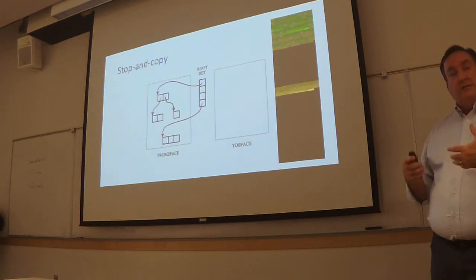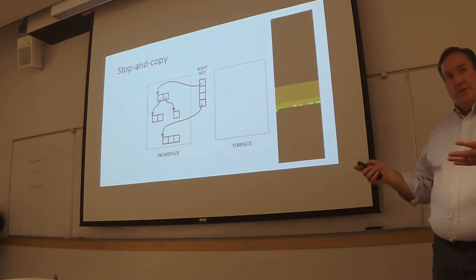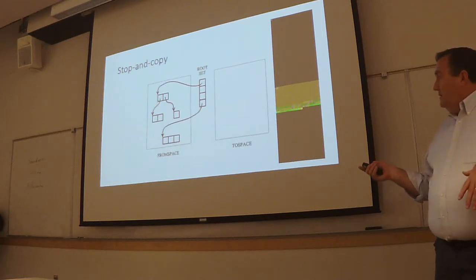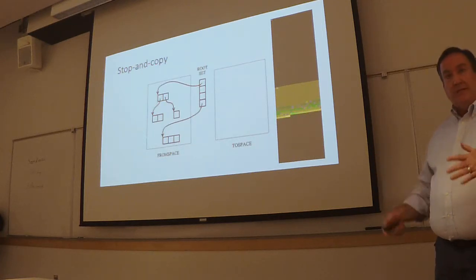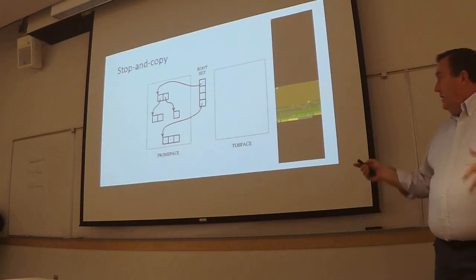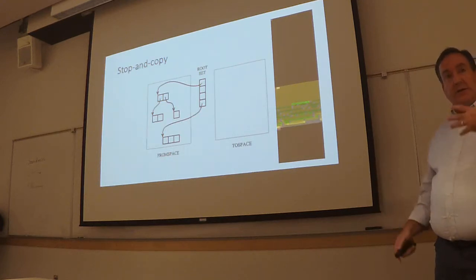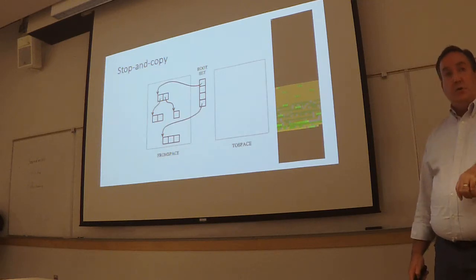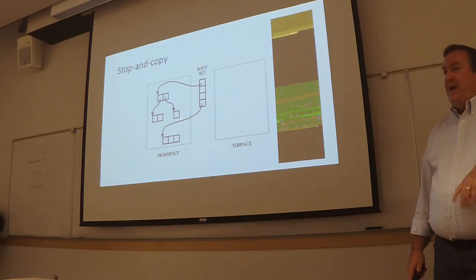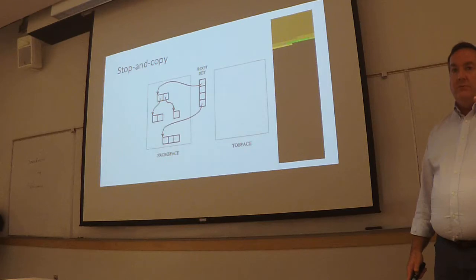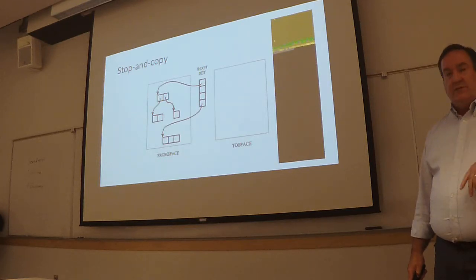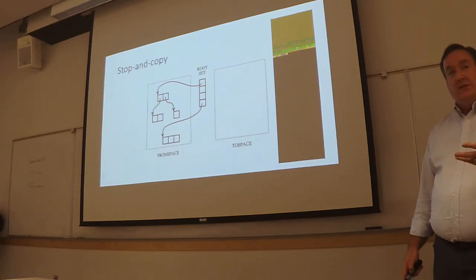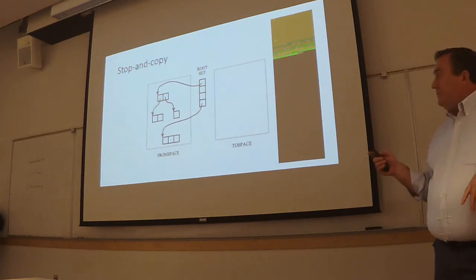These are called semi-spaces in garbage collection terminology. One is the from space, where all your stuff currently lives. And the to space starts out empty, and you're going to copy all your currently live data to it. Anything that doesn't get copied over is just freed. I don't have to actually do anything. It just doesn't get copied over.